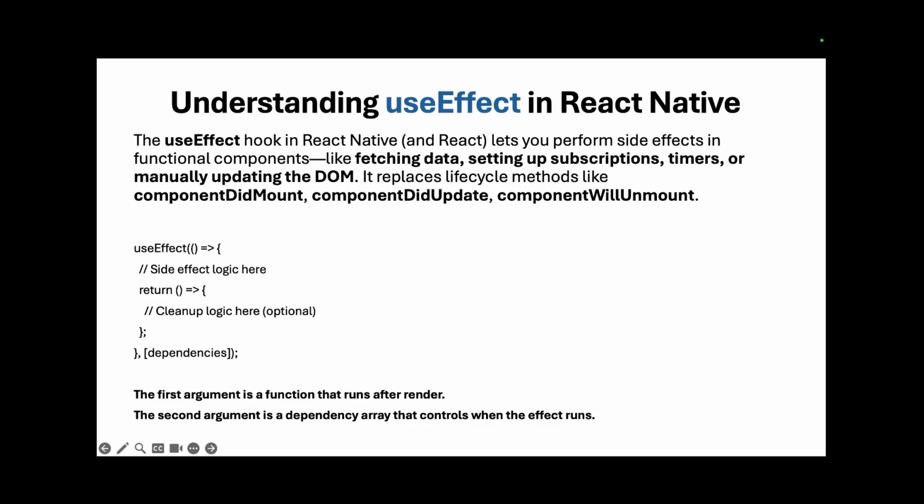Okay. So the second parameter is the dependency array. The first argument is the function that runs after render. This side effect logic will run after render, and the second argument is a dependency array that controls when the effect runs. For example, you are making an API call and there are multiple pages.